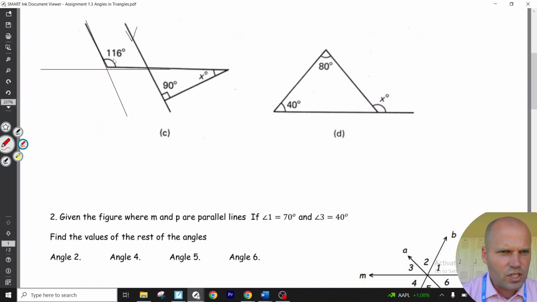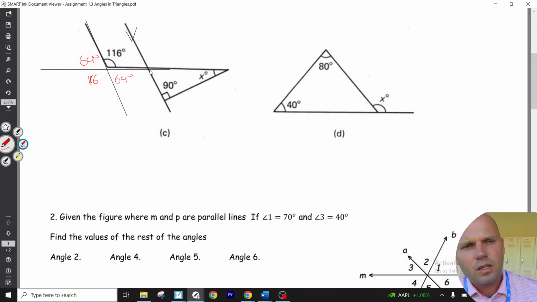So if this is 116, if we extended the lines where this angle of 116 is created, this angle would be 116, this angle would be 64, this would be 64. Now, if we keep going, up to the intersection of the second parallel line and the triangle, this angle would be 116 degrees, this angle would be 64.